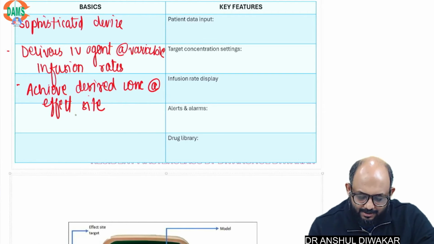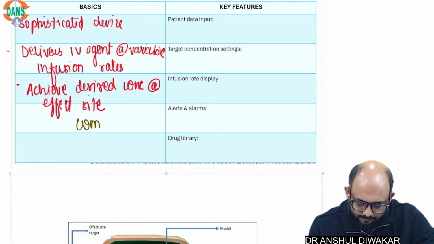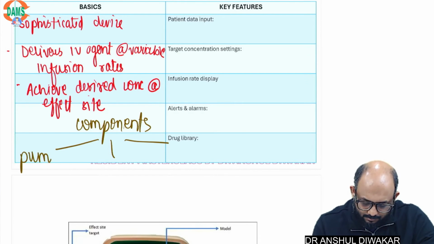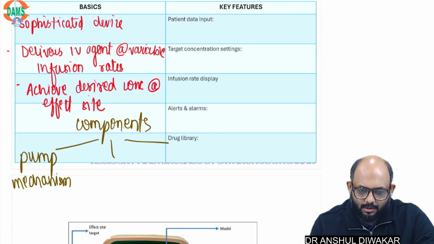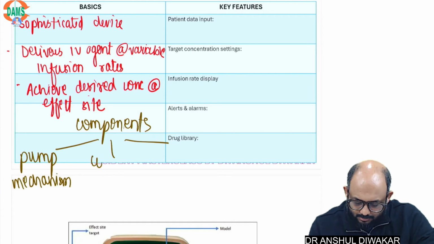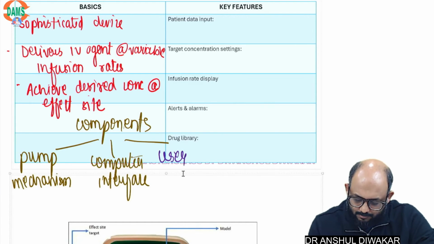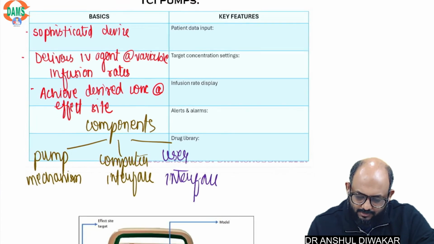Now every TCI pump has three components. It has a pump mechanism. It has a computer interface. And it has a user interface, right?